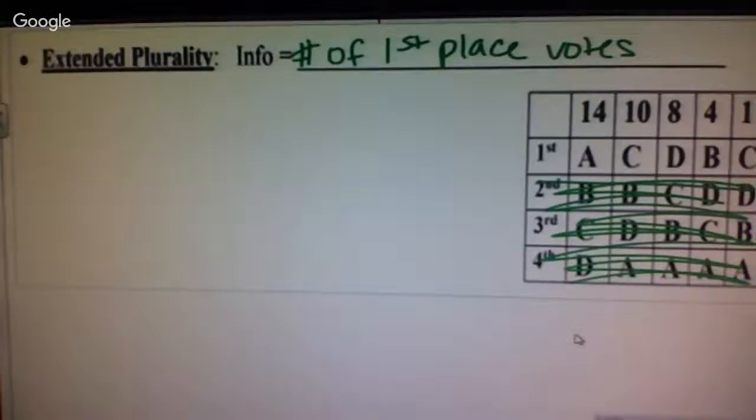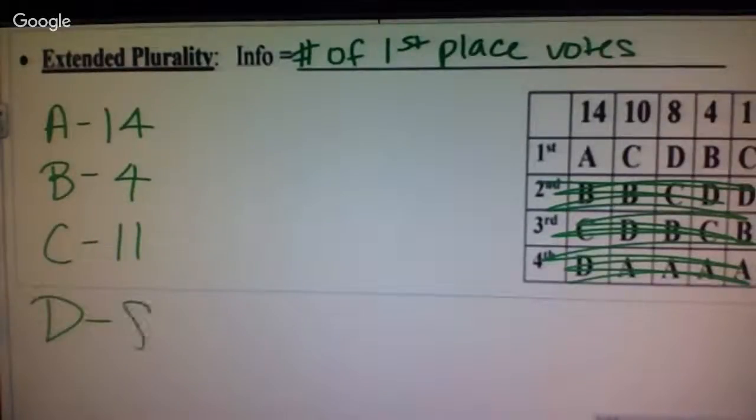So now we're going to look at it. How many first place votes does A have? 14. Remember, it's the number at the top of the columns, not how many columns they're in. So A has 14, B has 4, C 11, and D 8. If you had to look at these first place votes, who's my winner?